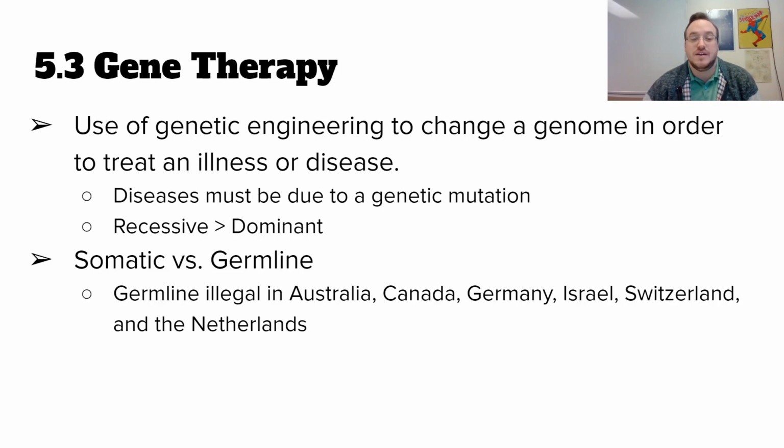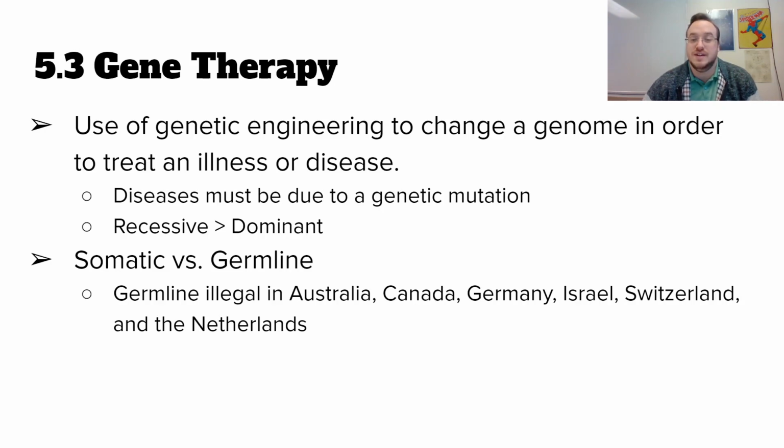And if they're homozygote recessive, we can insert a single dominant allele, and the dominant allele will be expressed over the recessive allele. Now, if we do this kind of gene therapy in a somatic cell, a body cell, it's not going to be as effective as in germline cells.